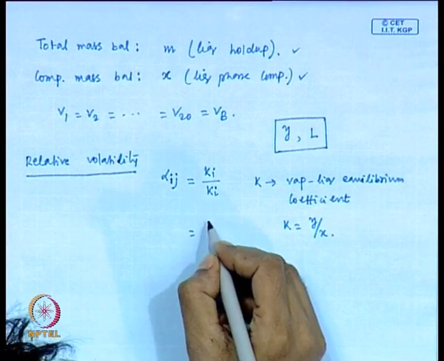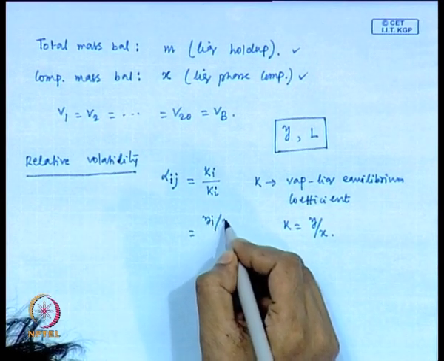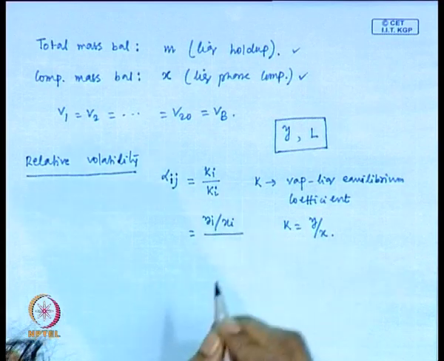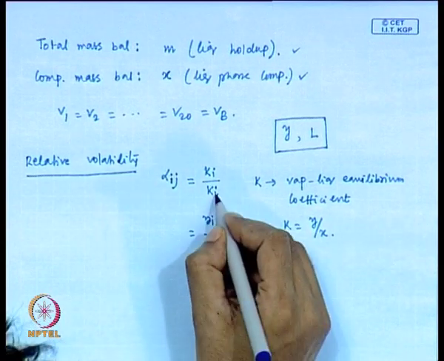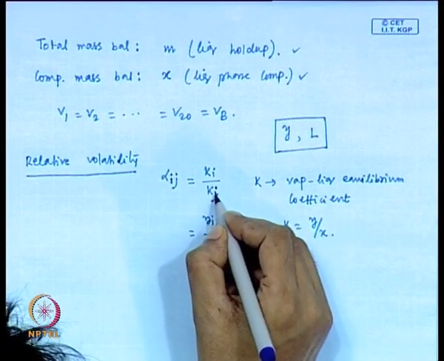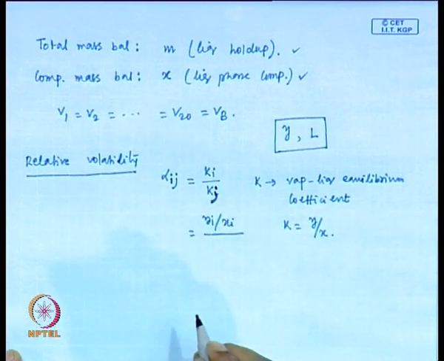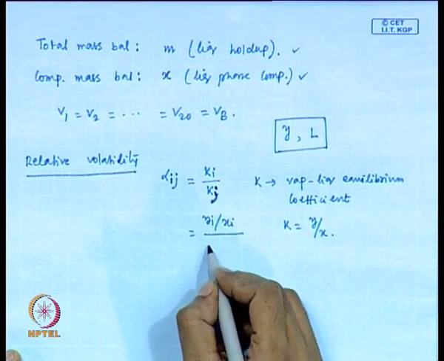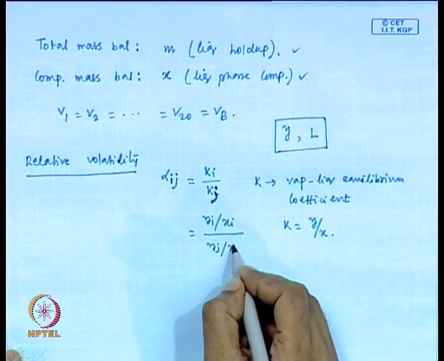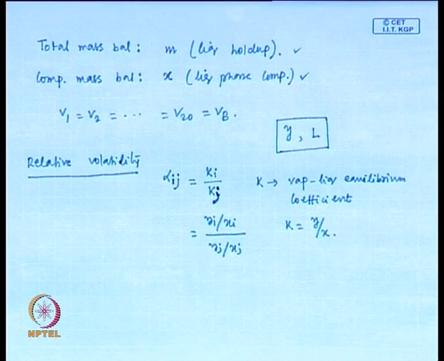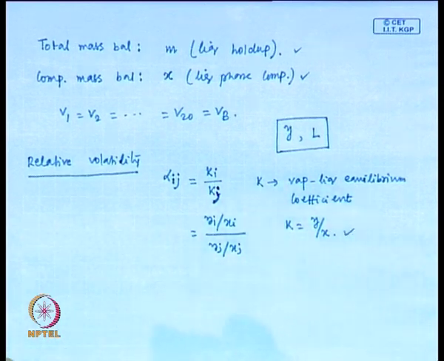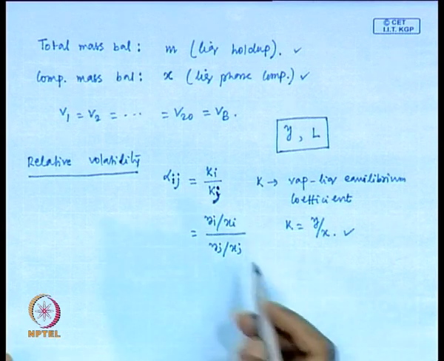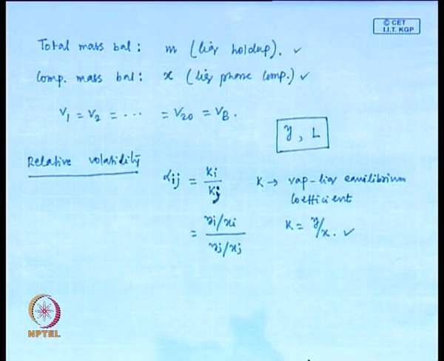So, can we write here (yi divided by xi) whole divided by (yj by xj), that is Ki by Kj? Can we write this? Because K equals to y by x. So, we have just included here the suffix.